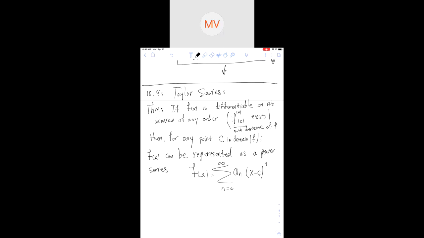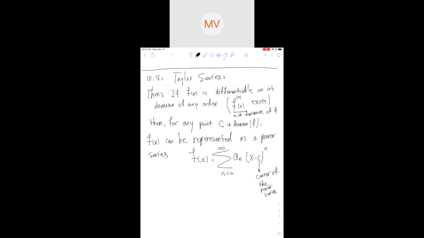As you can recall, the c was called the center of the power series, center of convergence, right? And a sub n was the sequence.